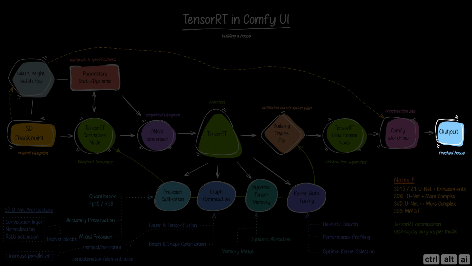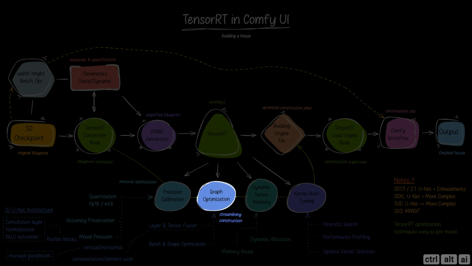videos faster. The architect uses 4 key optimization processes during the building of the house. Appropriate materials are used for each part of the house to balance quality and cost, similar to optimizing model precision. Then, the architect streamlines the construction by finding more efficient ways to build the house, like combining steps or using prefabricated parts, similar to optimizing the model's computational graph.